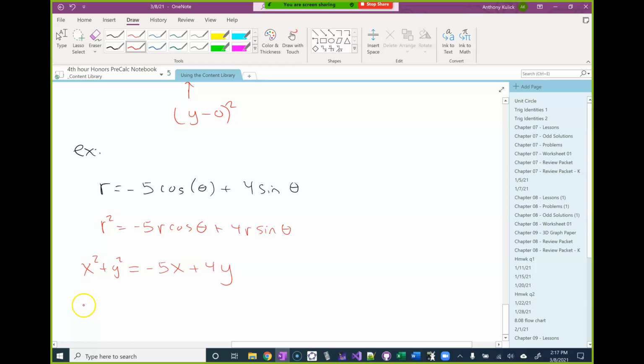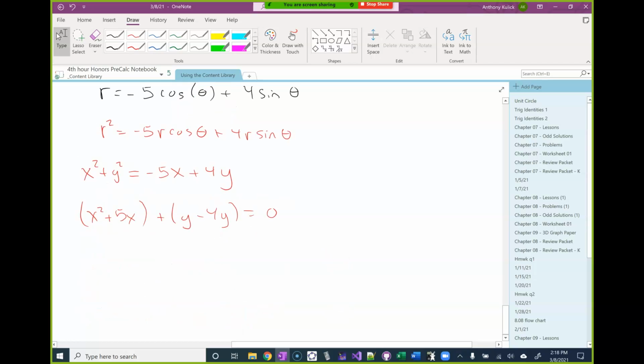And then we can move everything onto one side. So far, so good? So now I'm going to complete the square for each of these. I'm going to complete the square for x squared plus 5x, and then complete the square for y squared minus 4y.